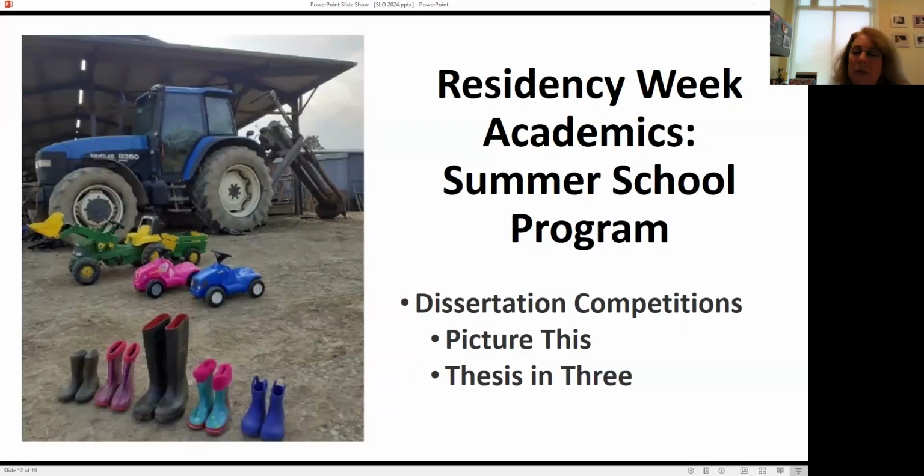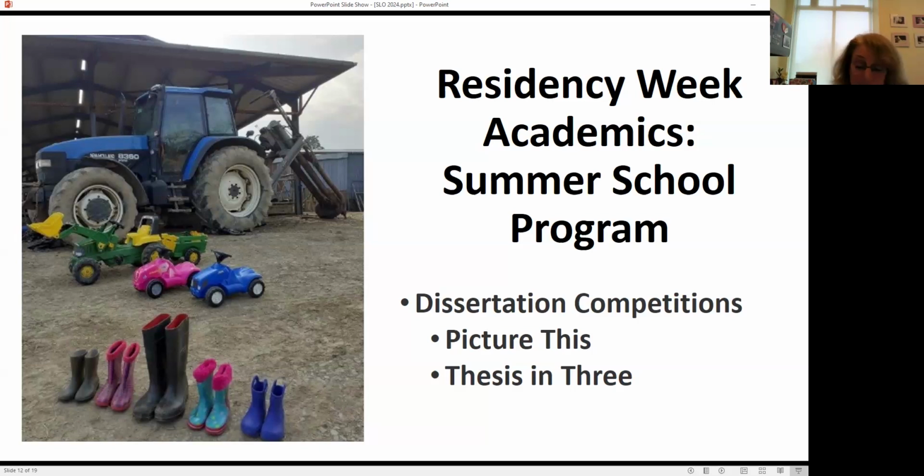Another thing we did in the residency week was learn about and participate in some competitions. The Picture This competition was an opportunity for students at the University of Limerick to illustrate their doctoral research with a picture. They put the pictures with a brief description on social media and let the public vote.